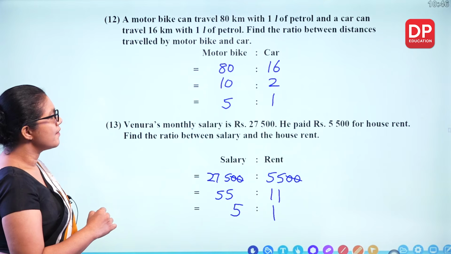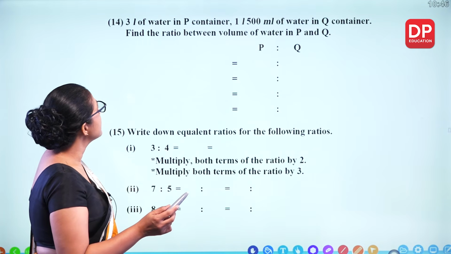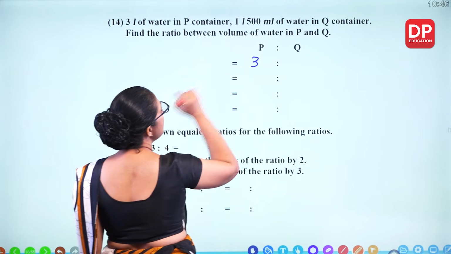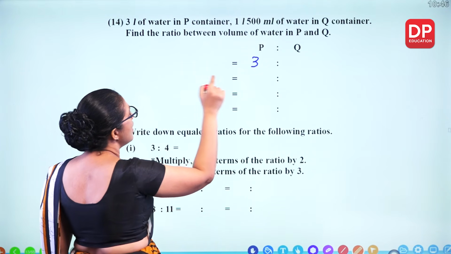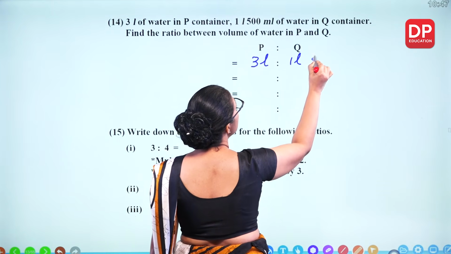5 to 1 ratio. 3 liters of water in P container and 1 liter and 500 milliliters of water in Q container. Find the ratio between volume of water in P and Q. Both are in liters. So you can write 3 liters. How can I write this one? First I'll write liters. 1 liter, 500 milliliters.